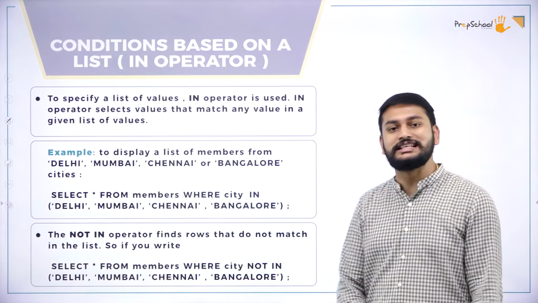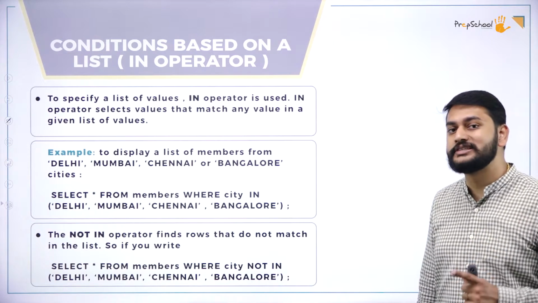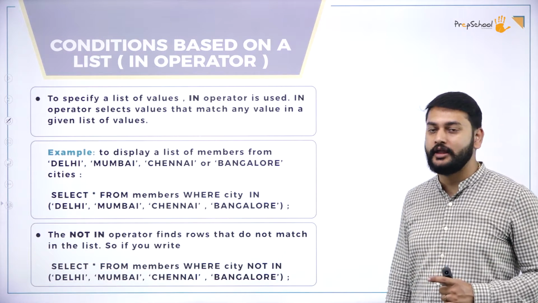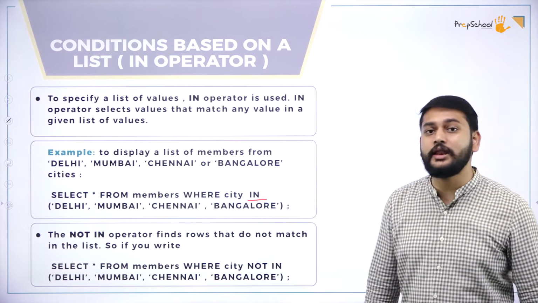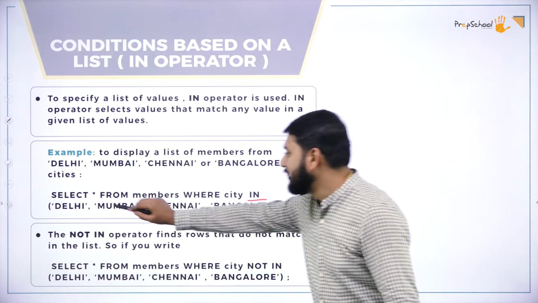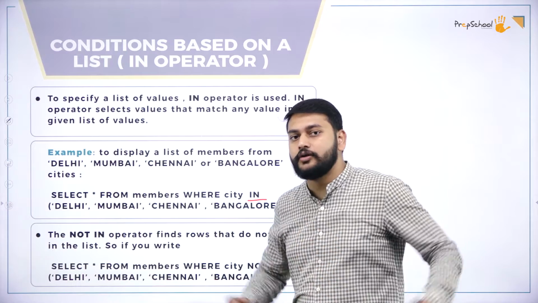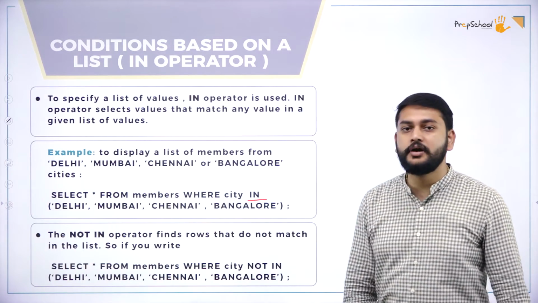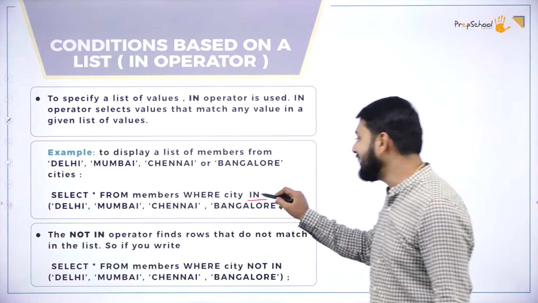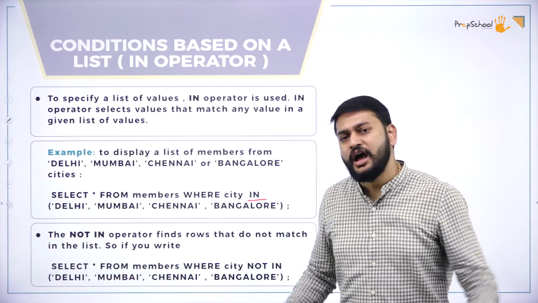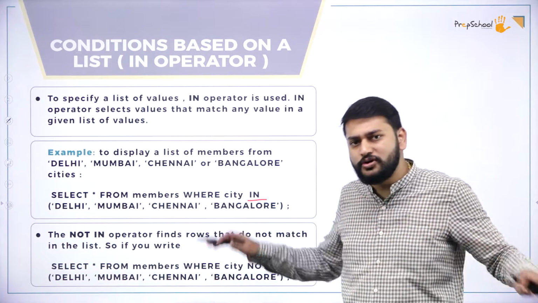Condition based on list. So please understand how exactly IN is working. I have something called IN. What exactly is this IN? SELECT star, in the sense all the columns, from members, the table name is members, where city IN, and I list certain cities. I have many cities, but I don't want to select everything.